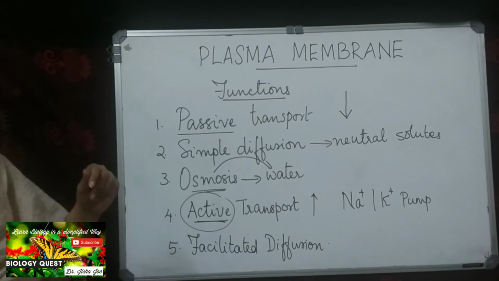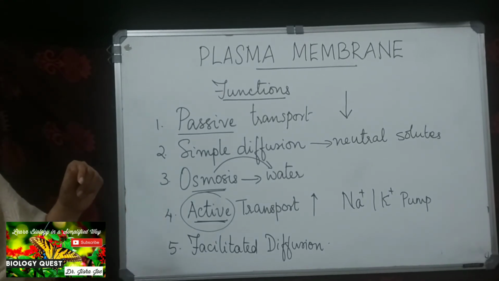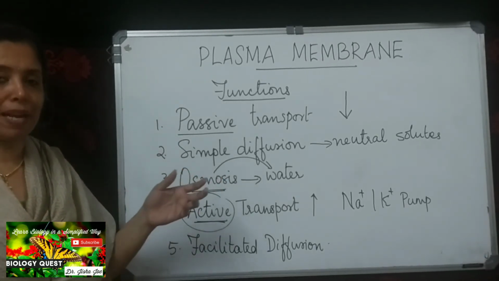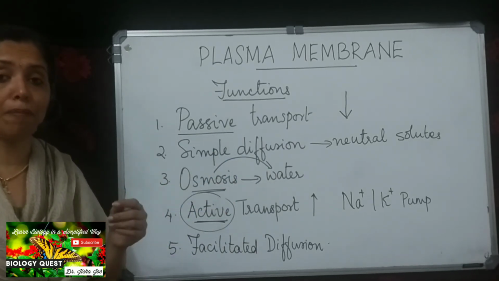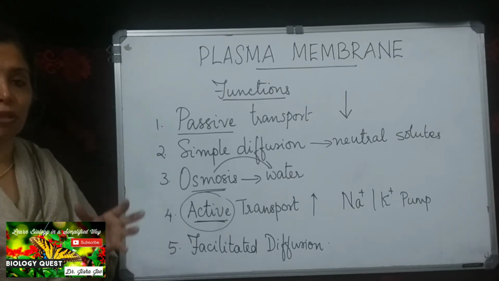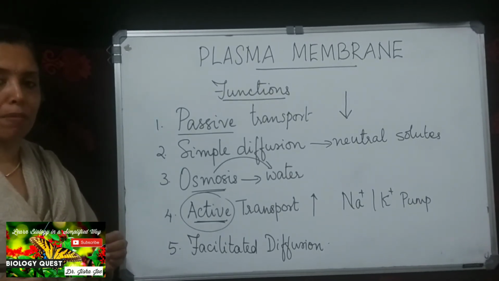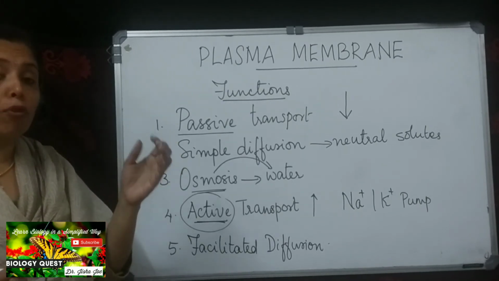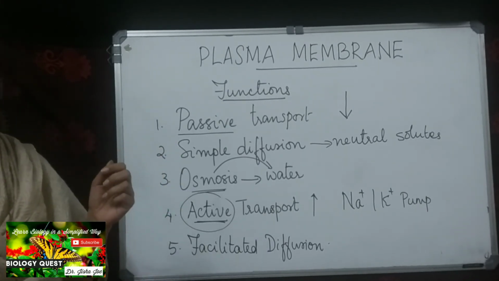So in such cases, the transport of such molecules is facilitated by special proteins present in the plasma membrane, as we have seen, the tunnel proteins or the transmembrane proteins. These special proteins help in the movement of such substances.